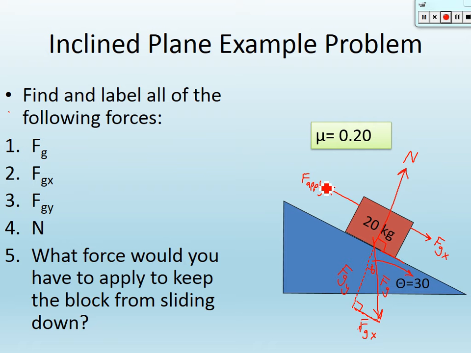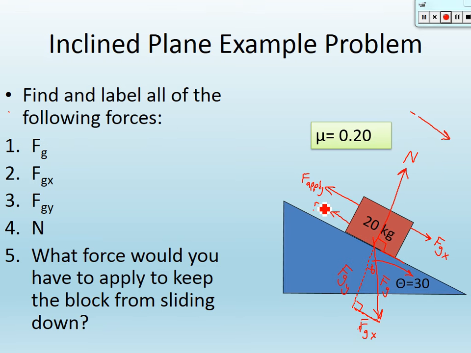It's called friction. Friction always does what, guys? Opposes motion. And if you were to just let go of this, which way would it go? Same way with the force applied. Yeah, the block wants to go down, right? And so we're trying to hold it so that it doesn't slide down. Which way should we draw in friction? It wants to slide down, so which way does friction go?